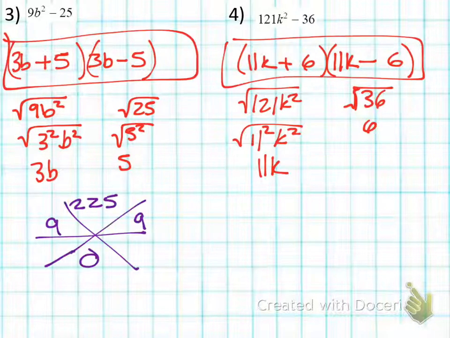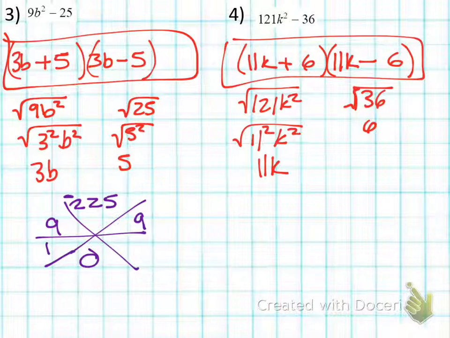Let me back this up a little bit. So I can multiply A and C, A times C to get what goes on top, which 9 times negative 25 is going to give me a negative 225. And then I see what factors of that multiply to negative 225 and add to 0.